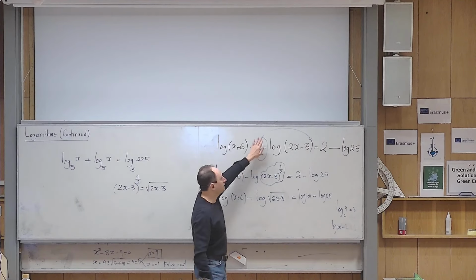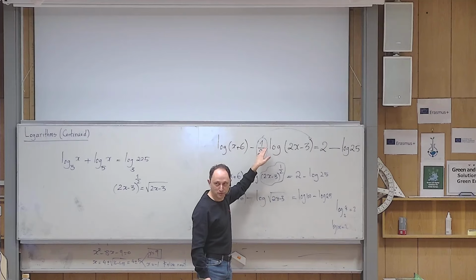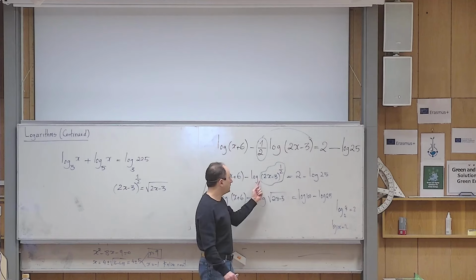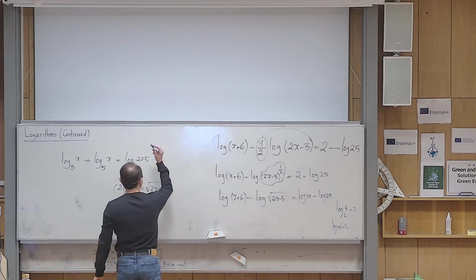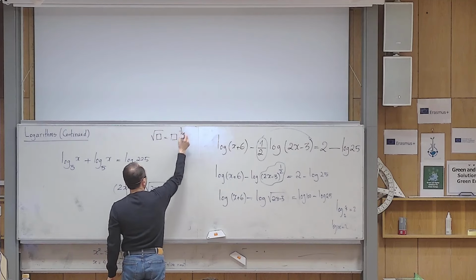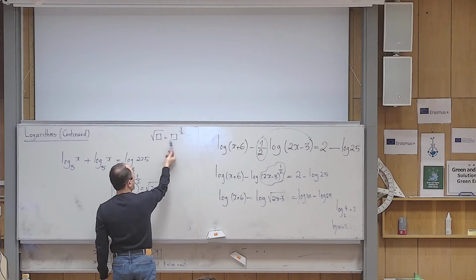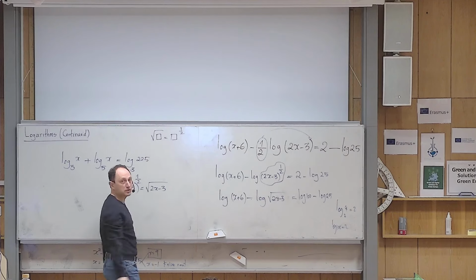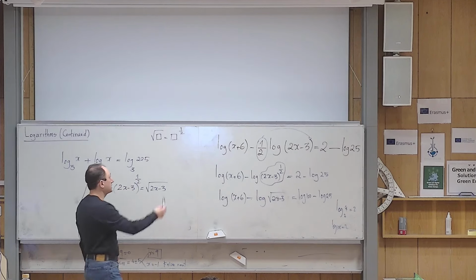And when I put it up there, I really want you to remember this formula. So which one is more suitable for our eyes? I prefer this one. I don't know about you. I prefer to write square root of the box instead of putting a 1/2 there.